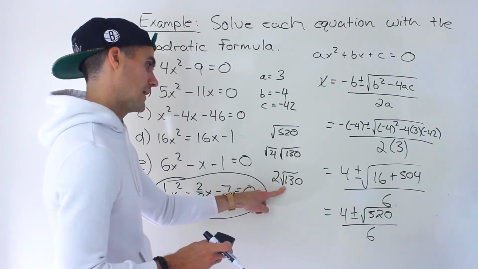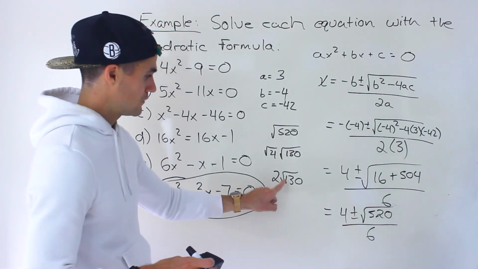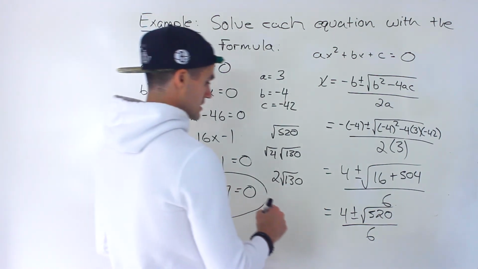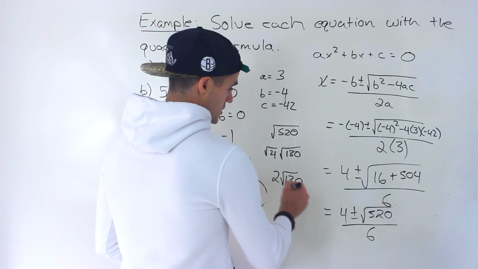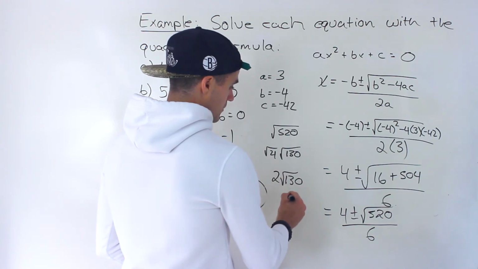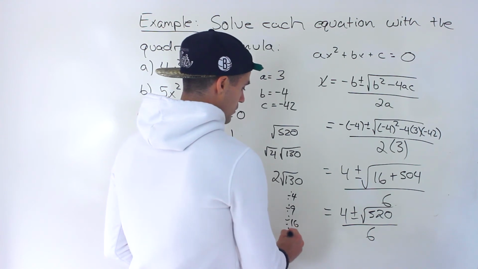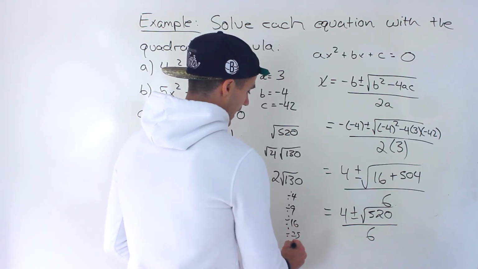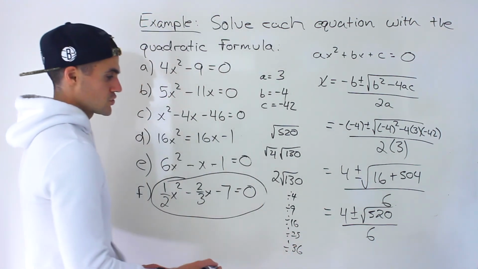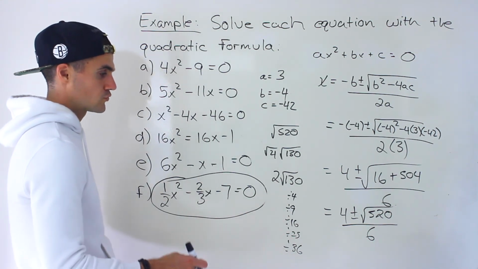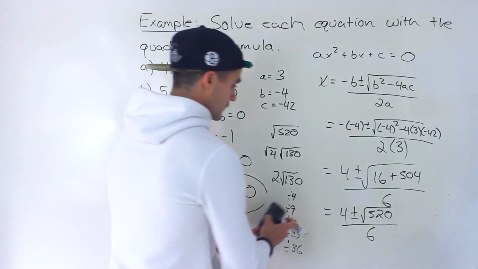Root 130, it actually doesn't simplify any further. Even though it just seems like a number, you could probably maybe divide it by 4 or 16 or 9. It actually doesn't divide by any of those. If you try to divide it by 4, by 9, by 16, by 25, by 36, etc., unfortunately, none of these are going to work, right? So root 130 doesn't simplify any further.